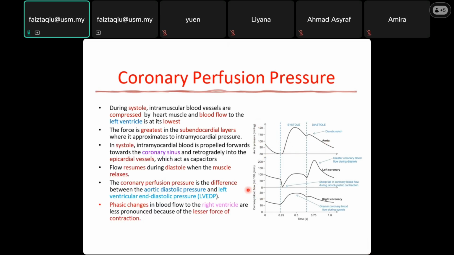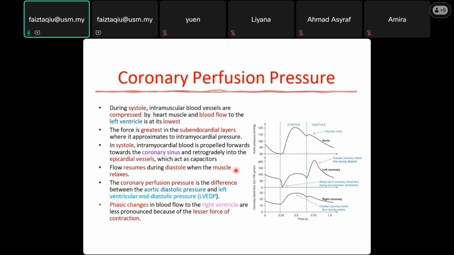The phases are the same, during systole and during diastole. During systole, the intramuscular blood vessels are compressed by the heart muscle and blood flow to the left ventricle lowers. Some books say no blood flow at all, some books say it lowers.